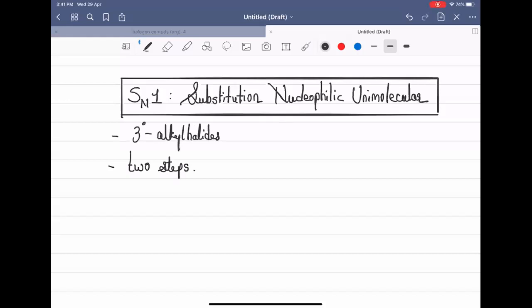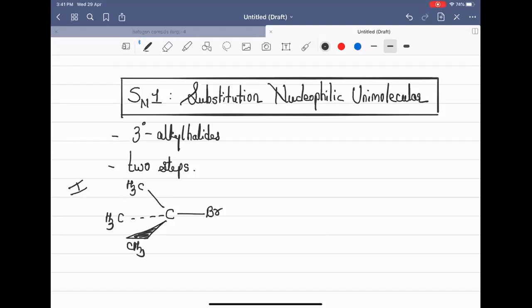Now, consider a reaction of any one such tertiary halide. I'm taking tertiary butyl bromide. So if I take up this, this is step number one.